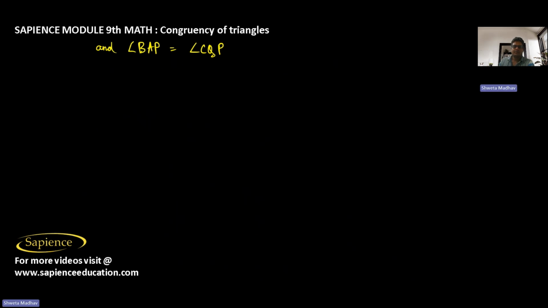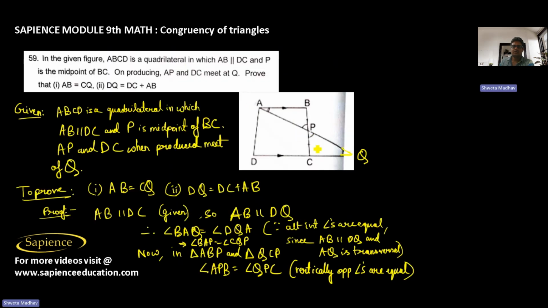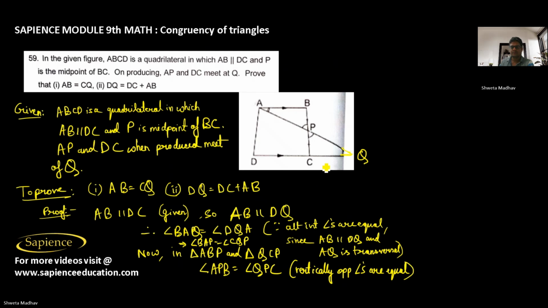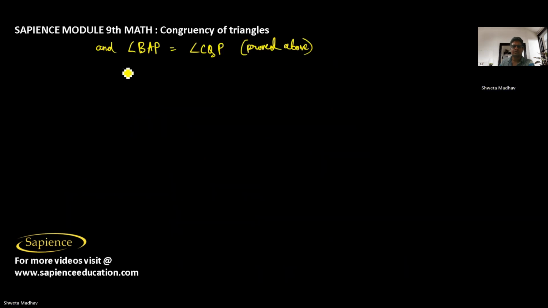So angle BAP is equal to angle CQP, as proved above. So we have shown that two angles are equal, and it is also told that P is the midpoint of BC. It means BP is equal to CP, since it is given.